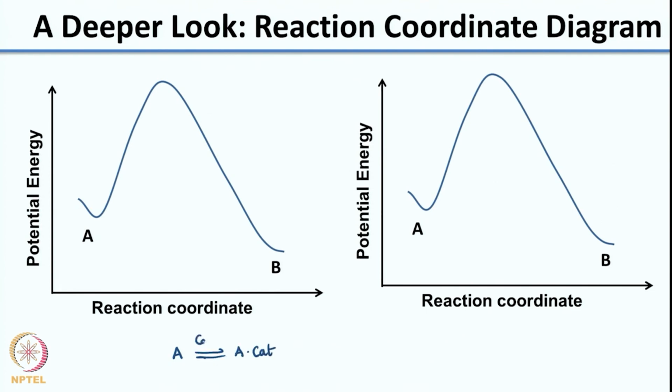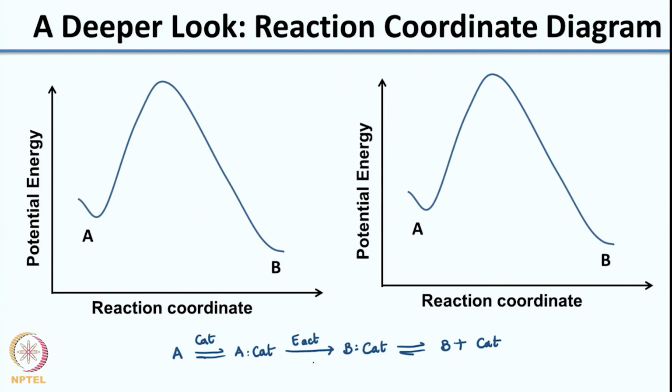So, you are adding the catalyst, and then you have A going to B, again B is bound to the catalyst, and then you have dissociation of B and the catalyst.